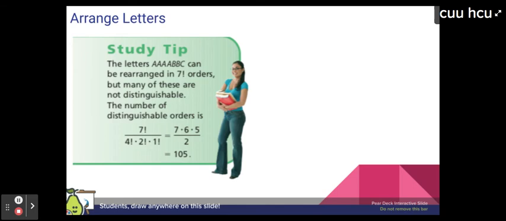Instead of n minus r, because in this case I have so many different letters, I'm not just going to take 7 minus 4, 7 minus 2, or 7 minus 1. What I would do is look at how many of each letter I have, and use factorial for that. So that's going to be 4 factorial for A. For B's, I have 2, so that's 2 factorial. C, I have 1, so that's 1 factorial.